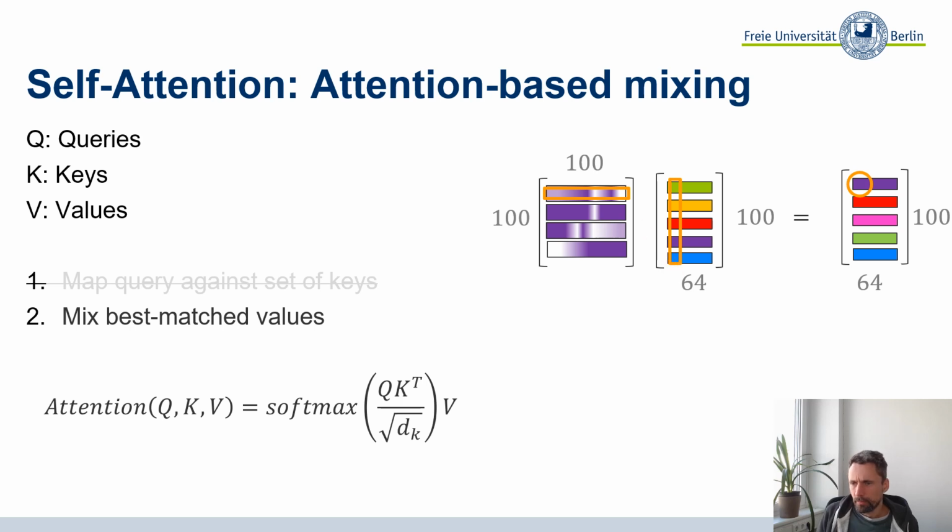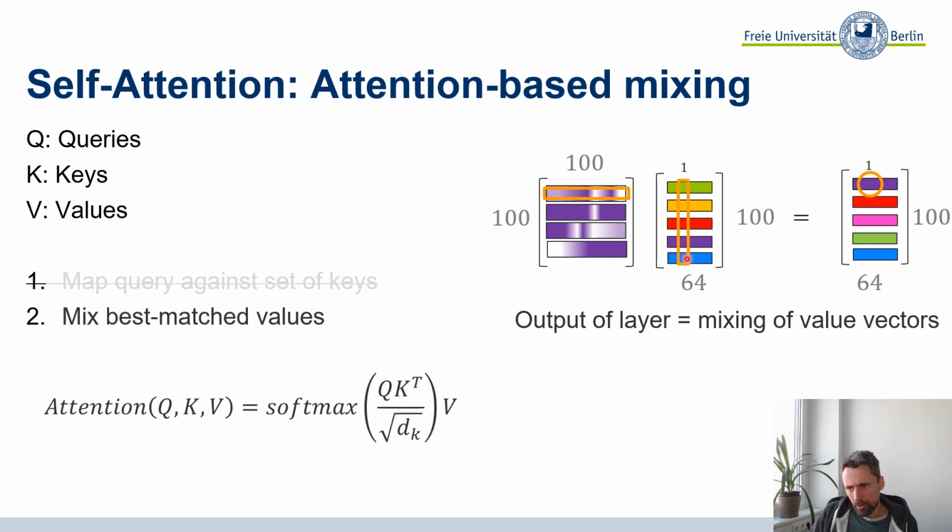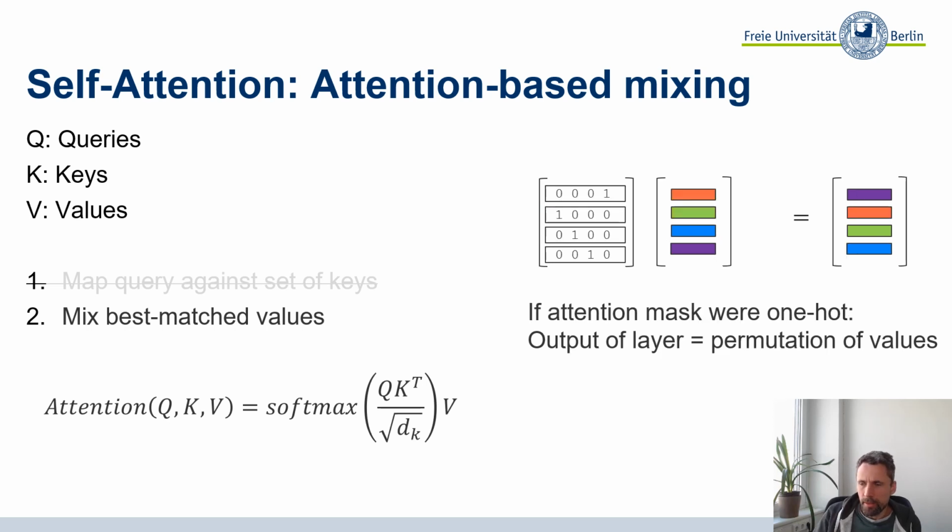Then the next position is again a weighted sum of all of these second elements, determined by this mixture vector. In the simplest case, we have a one-hot vector here, which would then result in a permutation of the values.